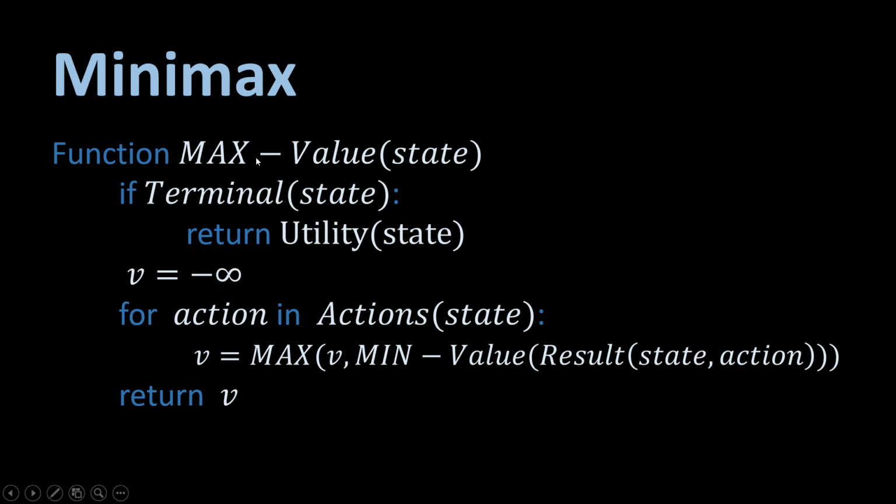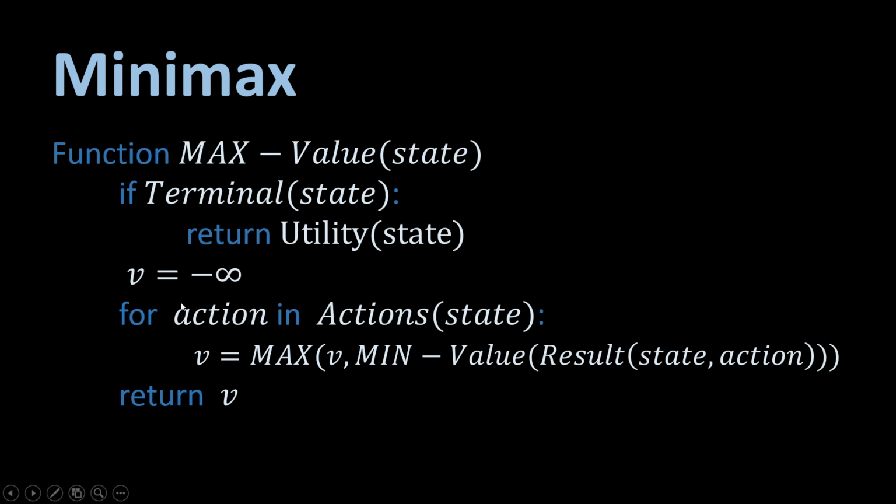If my function is max, meaning I'm the max player and I'm trying to search for the value of a state, in this case, if it's terminal, then I return the utility. Meaning, if it's the last state, the game is over, then I return whether it's a tie, a win, which is good for me, the maximizing agent, or a loss, which is bad for me.